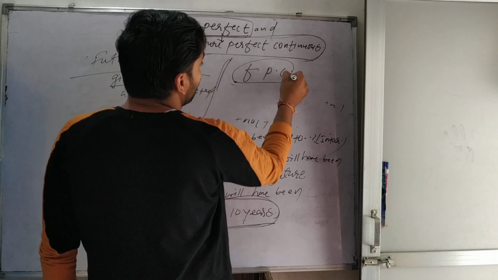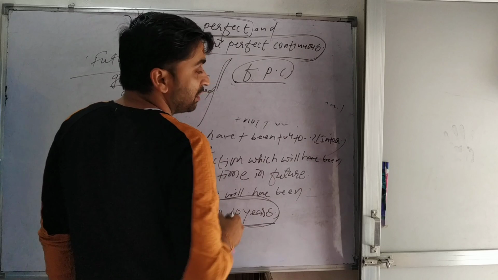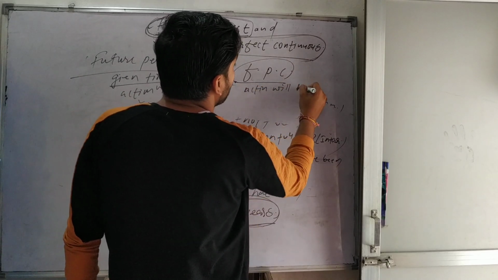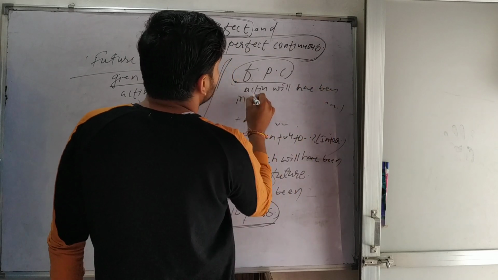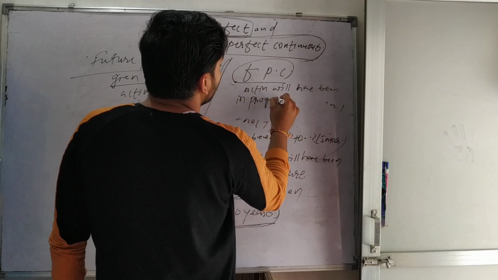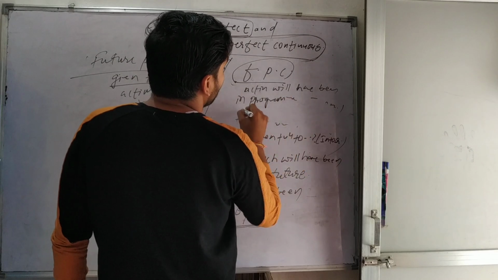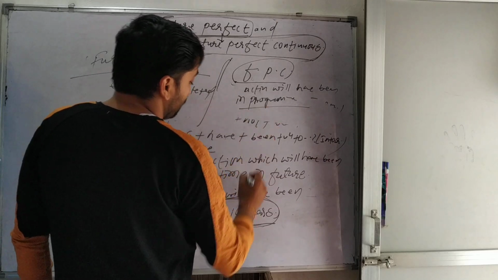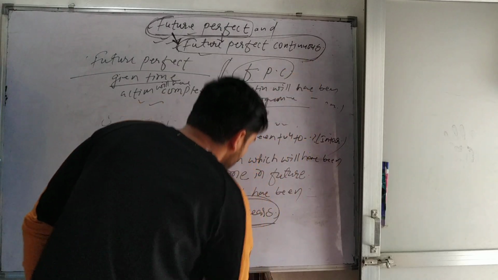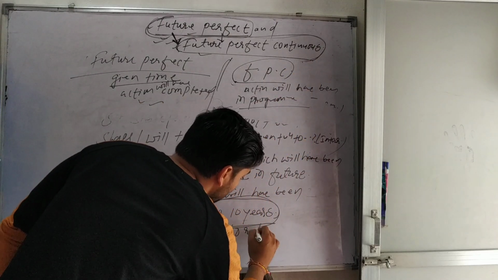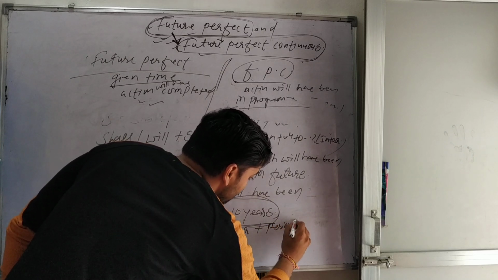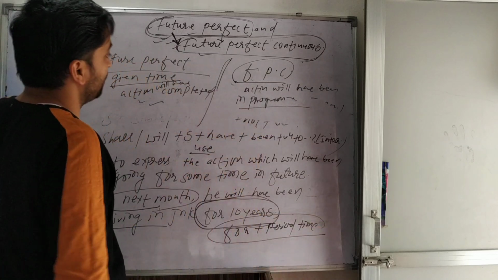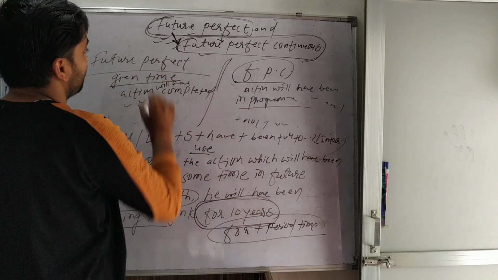But in future perfect continuous, there is no completion of the action. It will have been in continuous form, in progressive form. That's why here it is for 10 years. So actually, what is in future perfect continuous? For plus period of time is given. That is the important one. For plus period of time is given in future perfect continuous. But there is no such thing in future perfect.